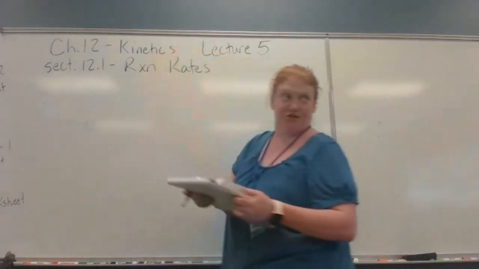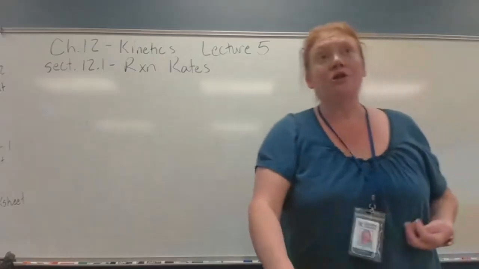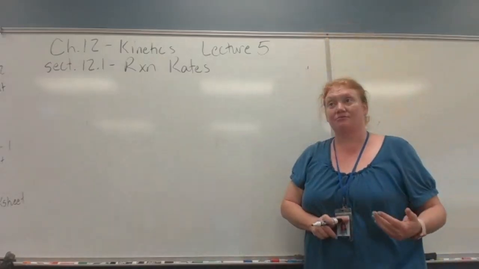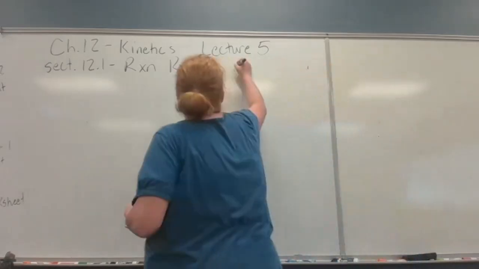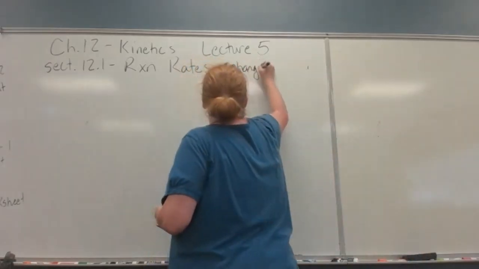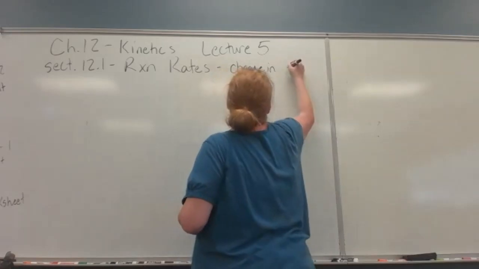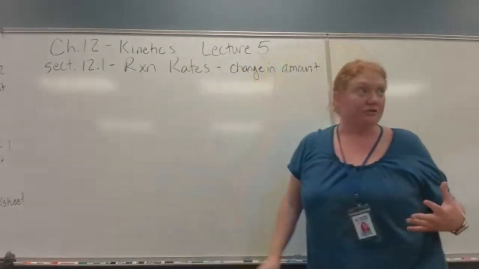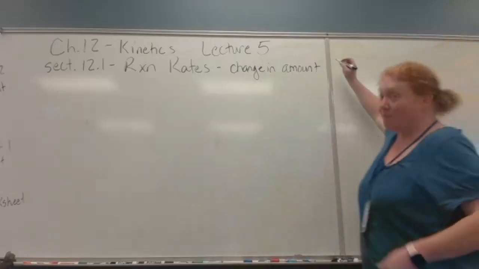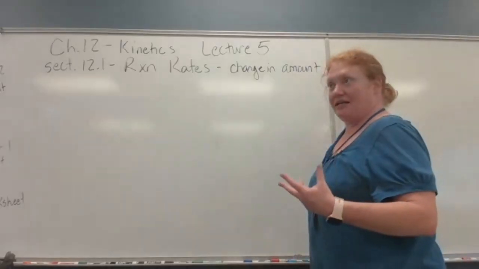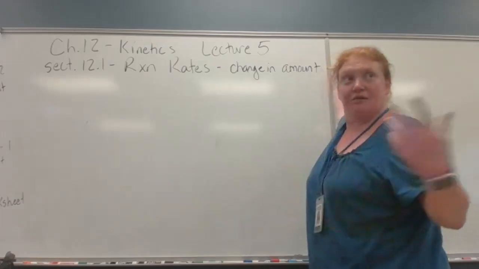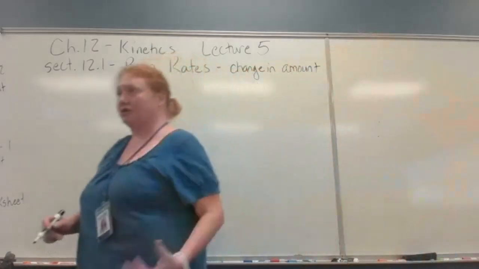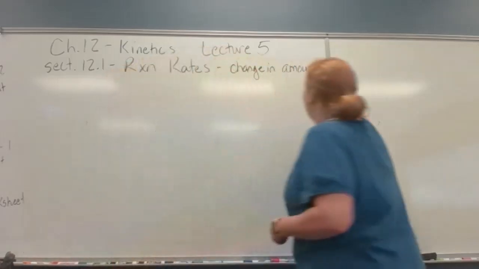Specifically for chemical reactions, okay, what we're looking at is going to be the change in amount. And even more specifically for amount, the amount that we're going to be looking at is the molarity concentration, because molarity is the chemist's preferred concentration, okay?